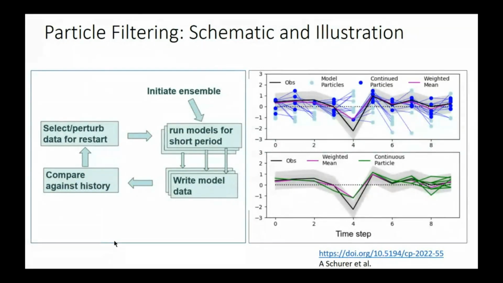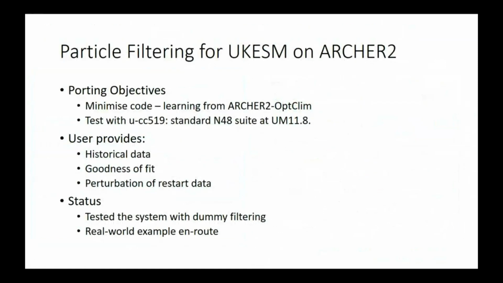When we came to run on EDDI, I realized that it was really quicker and simpler to let the code diverge from OPTCLIM, so that our objectives were to minimize the code while learning from what we did with OPTCLIM and ARCHER2. Our focus was on making it work with UKESM, so all of that, the use of GeosMeta, was relevant here again.